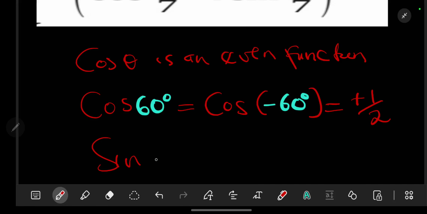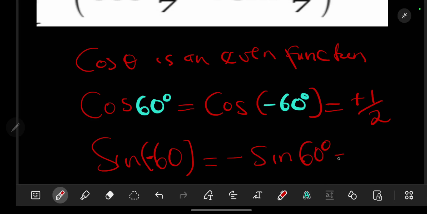Also, if you have the sine of negative 60 degrees, sine is an odd function, meaning the negative of that angle will be equal to negative the sine of that angle positive. So that is the main difference. This will be the root of 3 over 2.